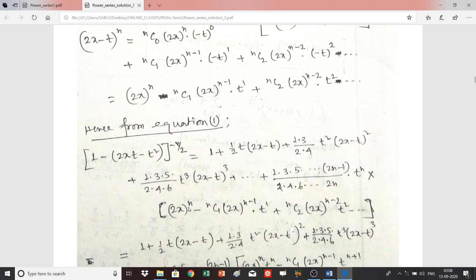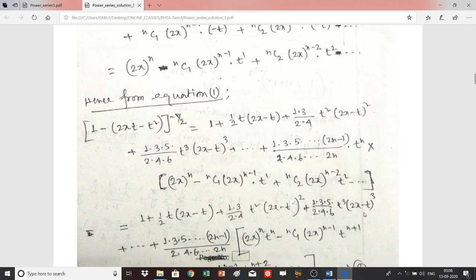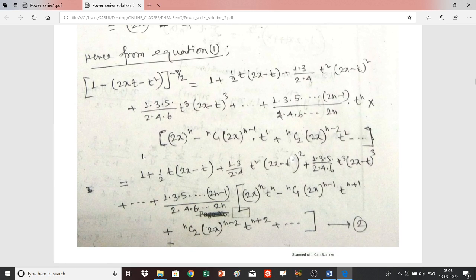So 2x to the power n minus nC1 2x to the power n minus 1 into t to the power 1 plus nC2 2x to the power n minus 2 into t square minus other terms. So just simplify here. It is equal to 1 plus the first, second and third terms. I have written here the first term, second term and third term, so there is no difficulty to understand it.